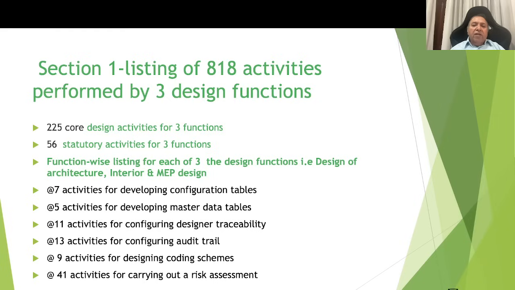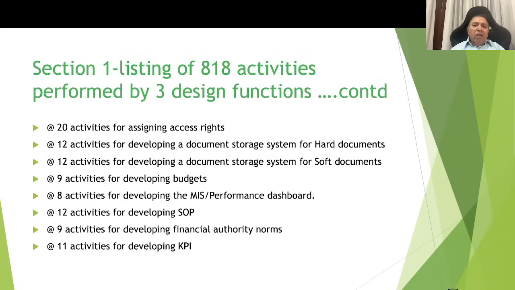13 activities for configuring audit trail, 9 activities for designing coding schemes, 41 activities for carrying out the risk assessment, 20 activities for assigning access, 12 activities for developing document storage system for hard documents, and similarly 12 activities for developing the document storage system for the soft documents, 9 activities for developing the budgets, 8 activities for developing the MIS performance dashboard, 12 activities for developing the SOP itself, 9 activities for developing the financial authority norms, and 11 activities for developing the KPIs.